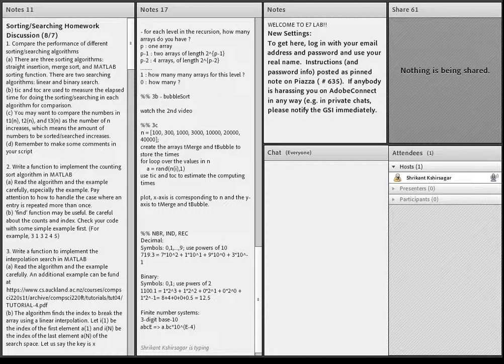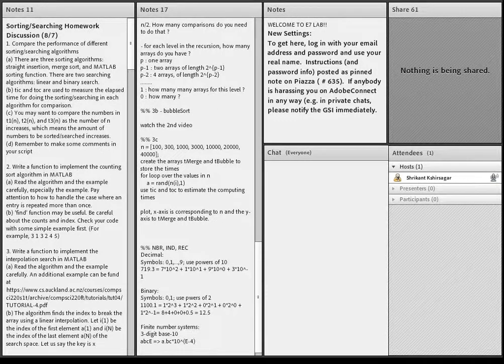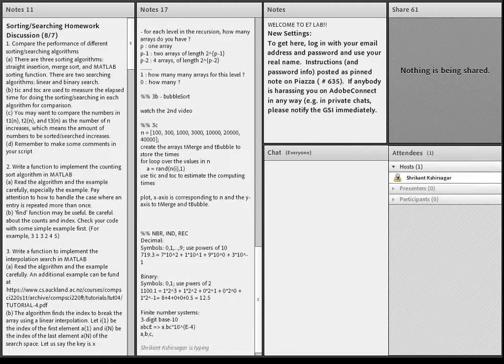So this is the definition of the representation: ABCE corresponds to the number A.BC into 10 raised to E minus 4. Each of A, B, C, and E can take values from 0 to 9.